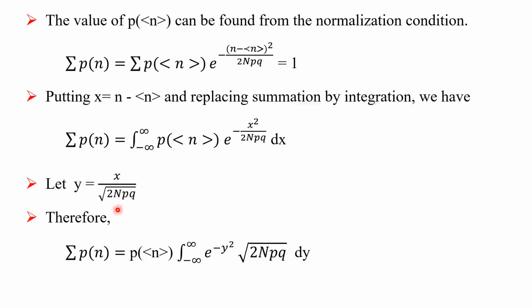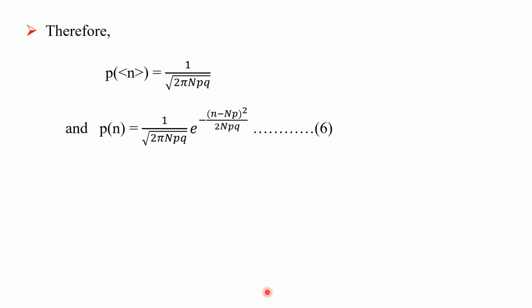Differentiating, dy is equal to 1 by root 2NPQ into dx, so root 2NPQ dy is equal to dx, and this value is put here. To simplify, P(mean value n) root 2NPQ root pi is equal to 1. Therefore P(mean value n) is equal to 1 by root 2 pi NPQ.